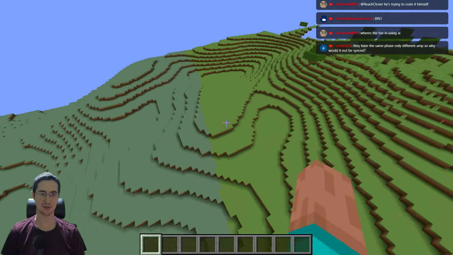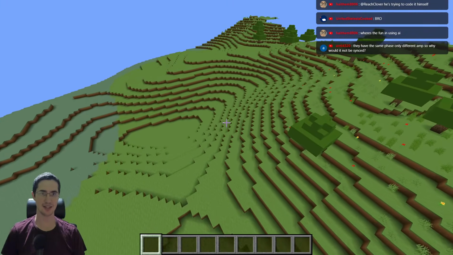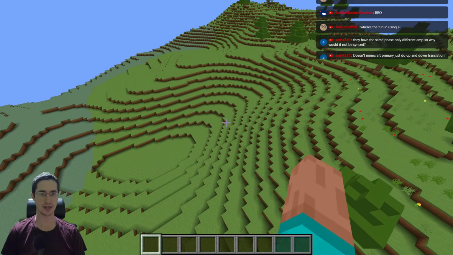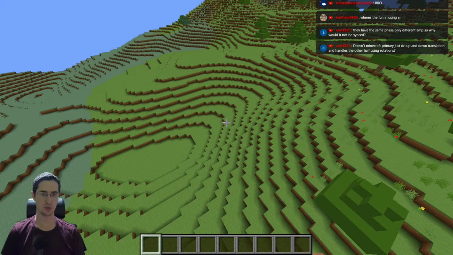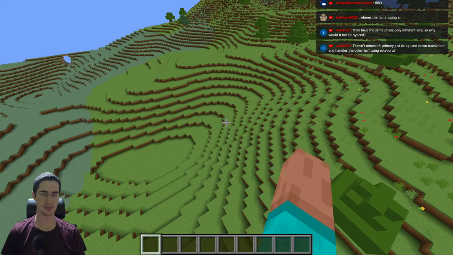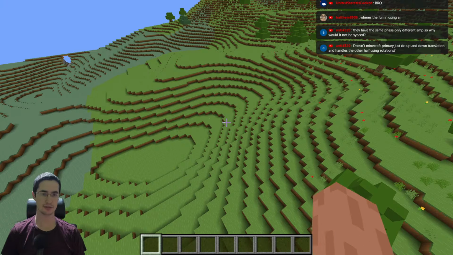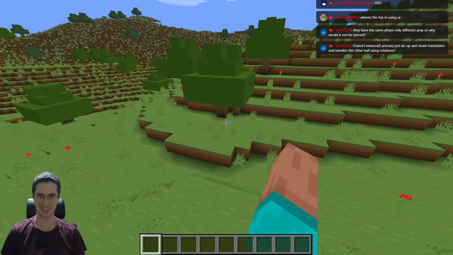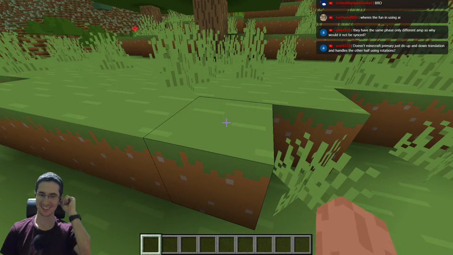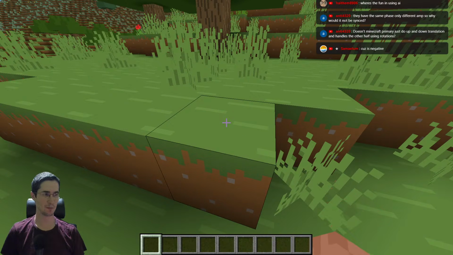Kind of. Okay, but why is the x-axis going to the right? I want it to be different, the x-axis. Yeah, we're getting there, chat.